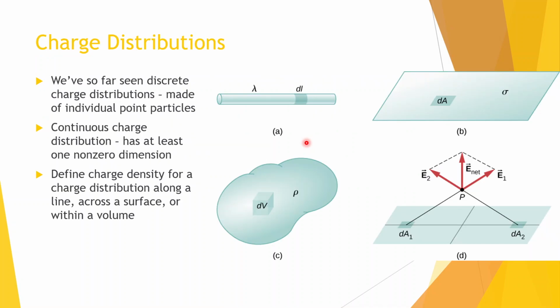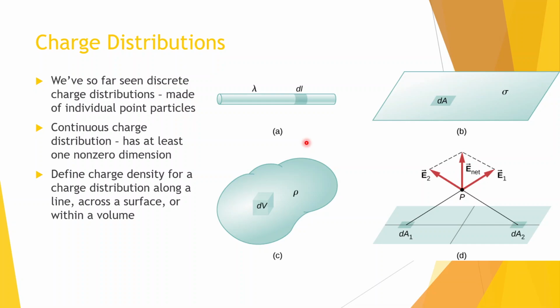With that, we also need to talk about real life applications of this. So far we've seen point charges, just point particles that have some charge to them. But there are also things that have a continuous distribution of charge, like the rods that we were seeing, or a cloth.